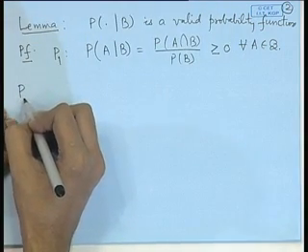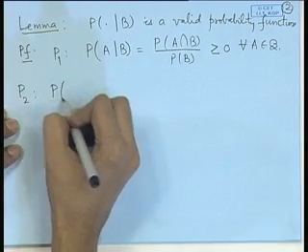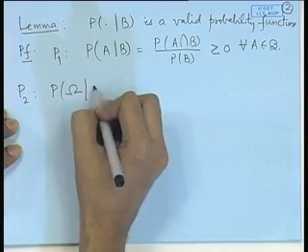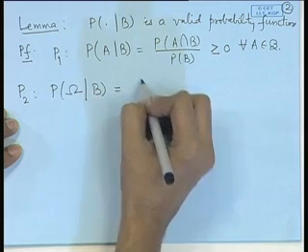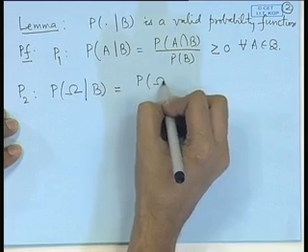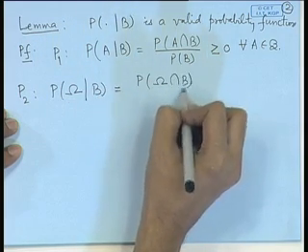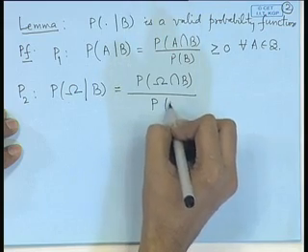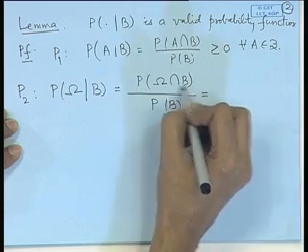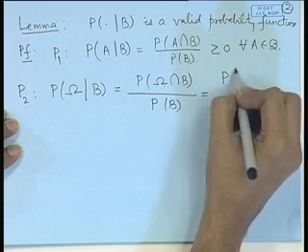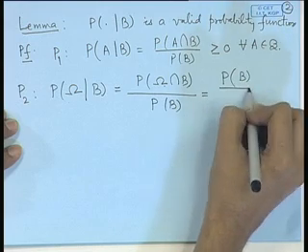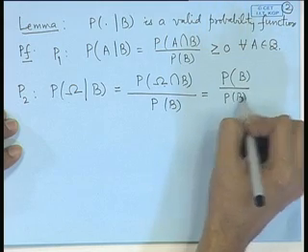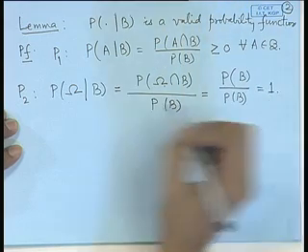Let us look at the second axiom, probability of Omega given B. This is equal to probability of Omega intersection B divided by probability of B. Now note that B is a subset of Omega, therefore the numerator is probability of B divided by probability of B, and therefore it is equal to 1.